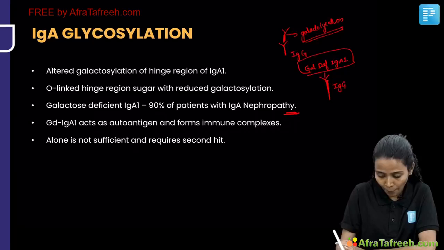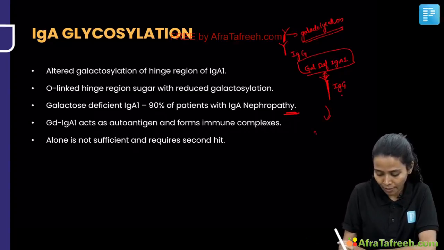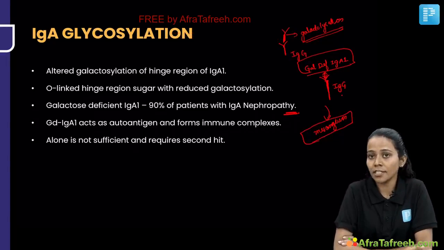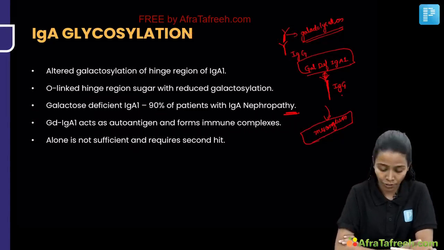So this complex, galactose deficient IgA1 plus IgG, goes and gets deposited in the mesangium. This immune complex is what stimulates the mesangial proliferation.